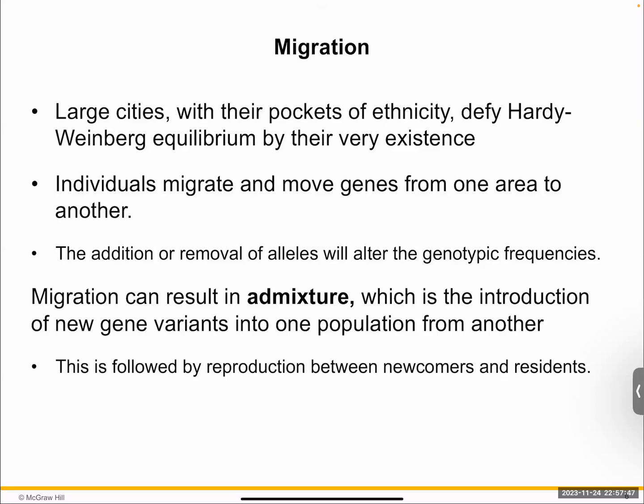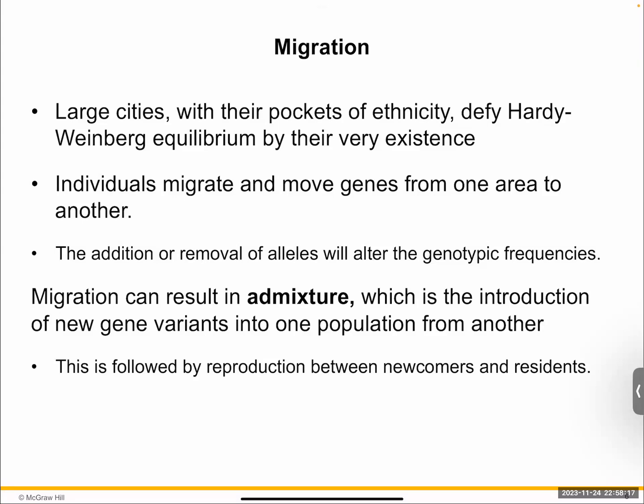They do not follow that rule, because you will have pockets of ethnicity rather than those randomized processes that allow you to use the Hardy-Weinberg equation to solve for allele frequency. So you can have individuals that migrate and move genes from one area to another. Basically, you're bringing a specific allele into that environment. Therefore, the frequency of that allele will increase.